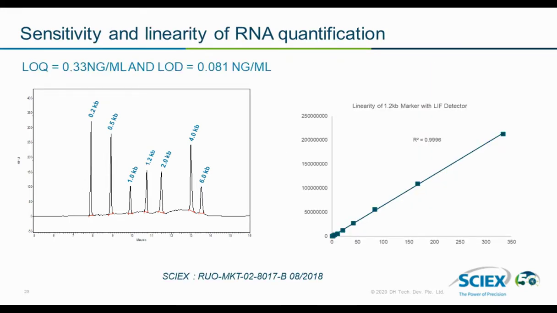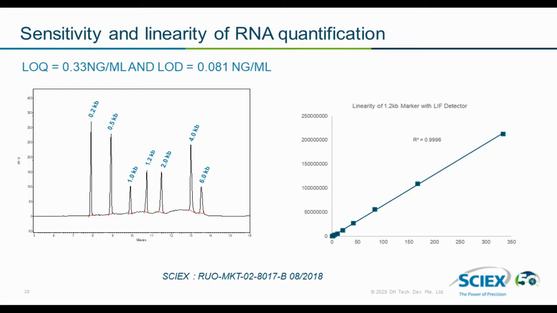Now, often in RNA analysis, you would tend to stick to UV detection, except where you have low concentrations of samples, when you move to LIF. If you look at standard sensitivity here, the LOQ in this particular case goes down to 0.33 nanograms per mil, with an LOD of 0.08 nanograms per mil.